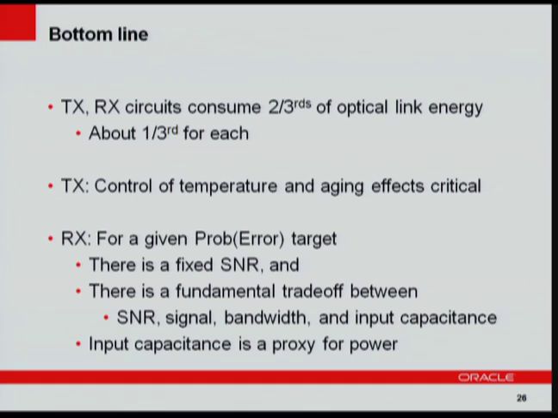And on the RX side, given that you have a fixed probability of error that you're trying to target, that fixes your SNR, and there are very fundamental trade-offs between the bandwidth, signal, and input capacitance, in that equation that I showed you, inversely proportional to the square of the bandwidth and of the diode capacitance. Hopefully that will stick in your mind, because that shows you what you need to do in order to maintain the SNR as you push the bandwidth and so forth.